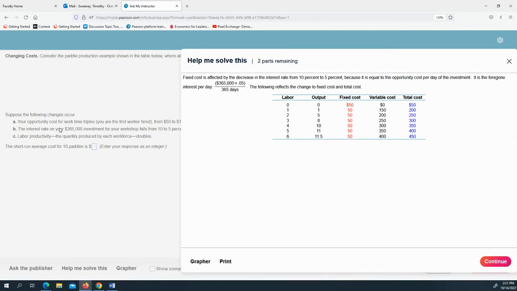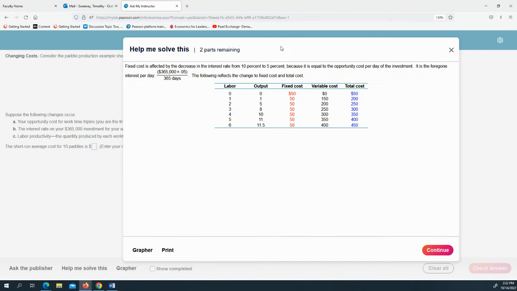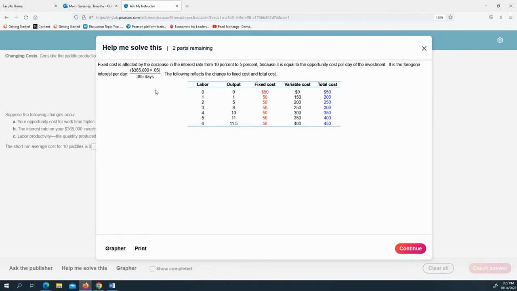So what you would have gotten if you just put that 365 in an investment, basically your opportunity cost here, you were losing 10%, but now you're only losing 5%. So now your fixed cost goes down, and this is per day, so you have to divide that by 365 days, right? So per day it goes down from $100 before, because that was 10%, to $50, because now it's only 5% of $365,000 divided by 365 per day.